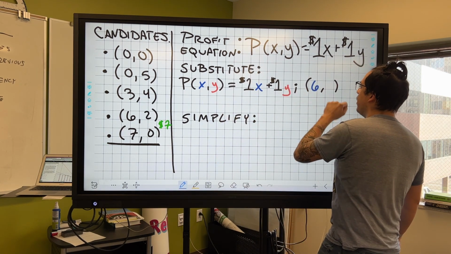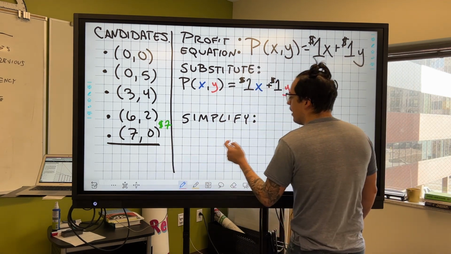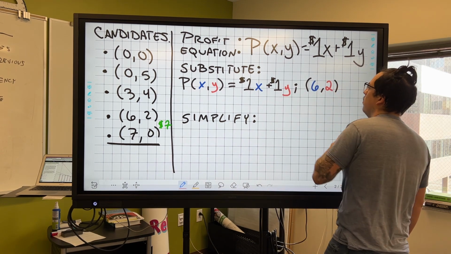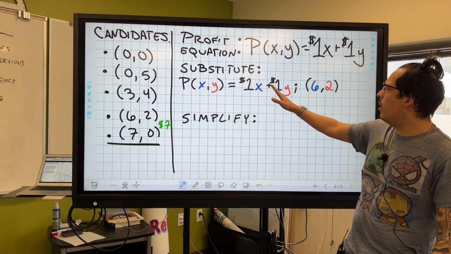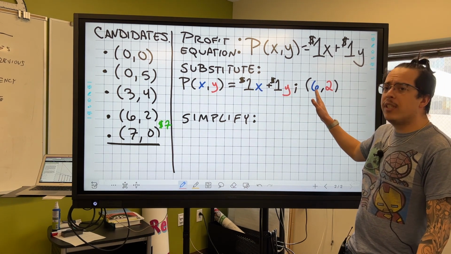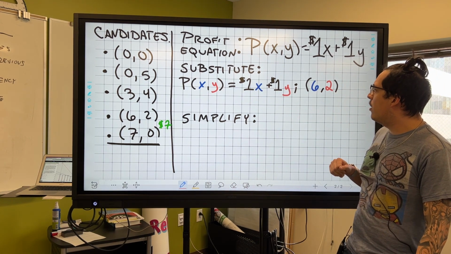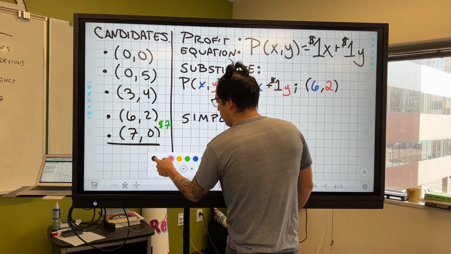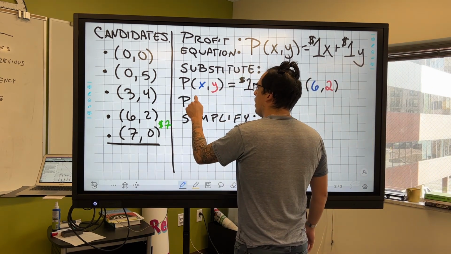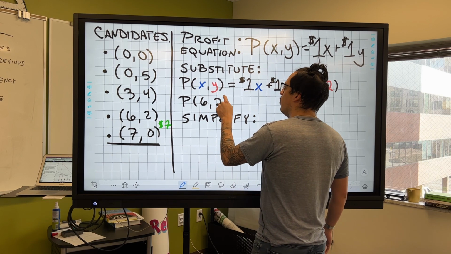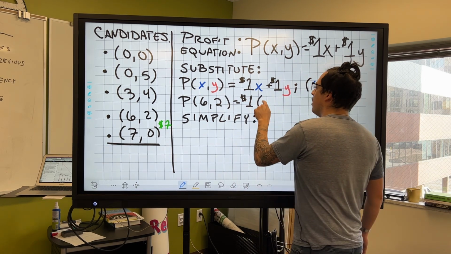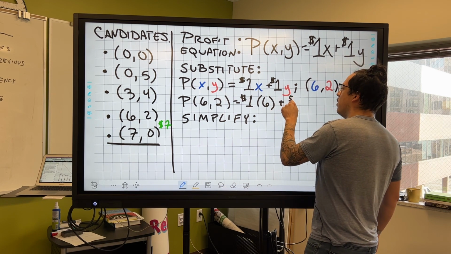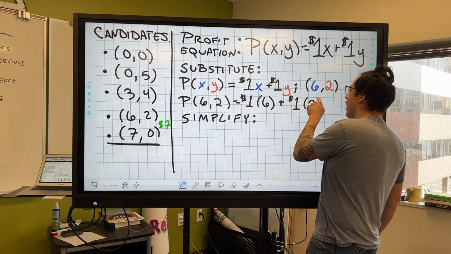So since we're using the point 6, 2, we're talking about the profit on cars and trucks is $1 per car plus $1 per truck, and we're inspecting 6 cars and 2 trucks. To substitute, we'll say P of 6, 2 equals $1 times 6 plus $1 times 2.